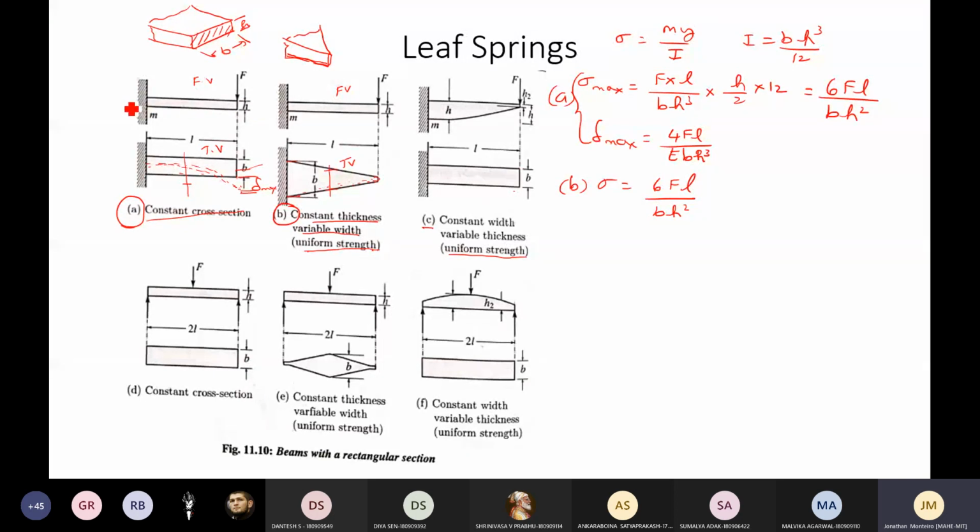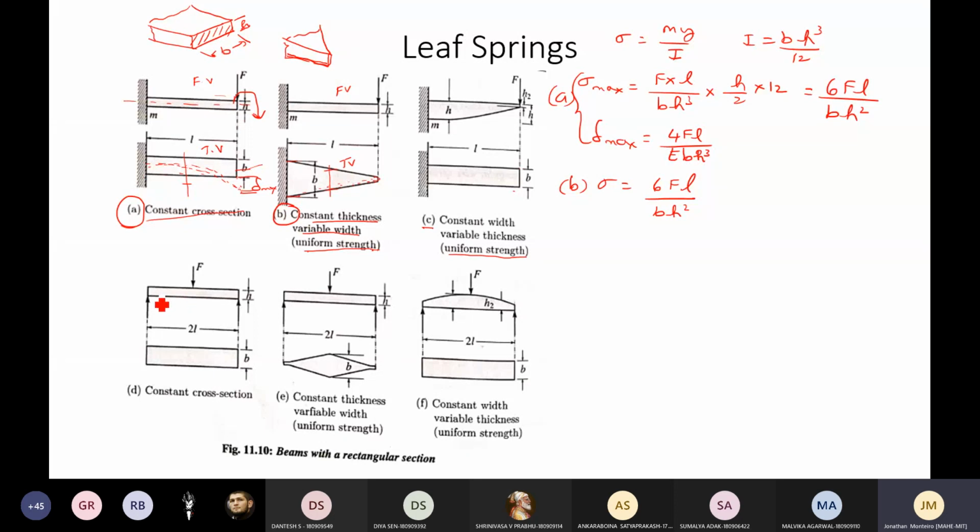In swimming pools there is a jump board. A person stands over here, pushes himself down a little bit, and then jumps into the water. So this is an example of a constant cross-sectional beam. Maybe there are other examples also in smaller applications. Just for reference, I took up that example.